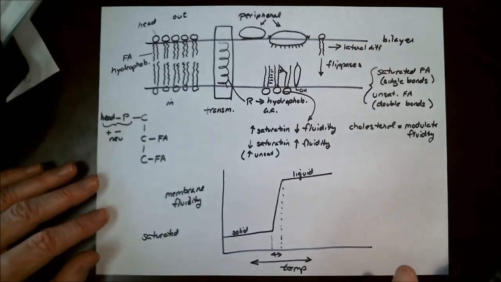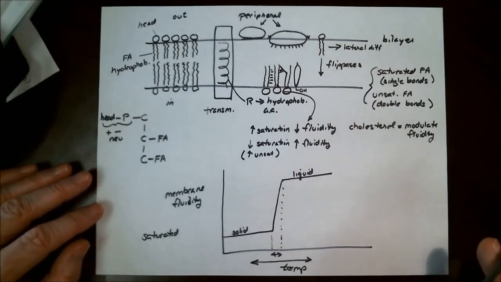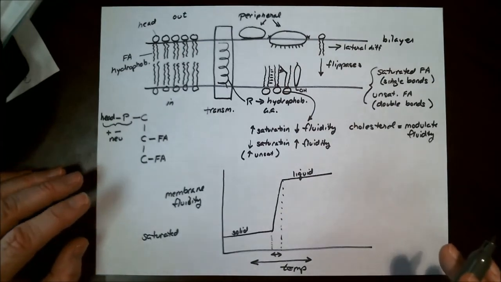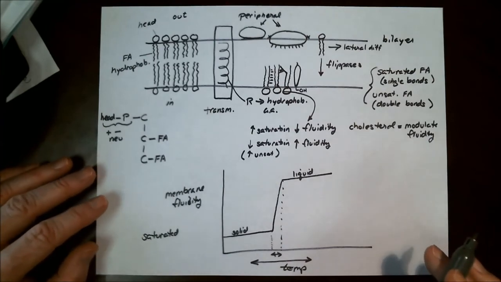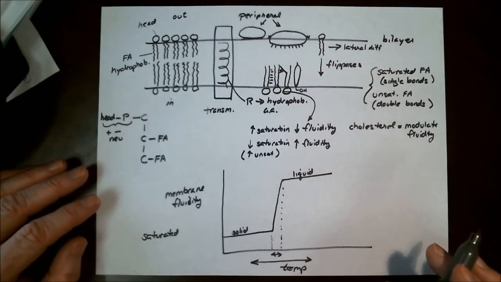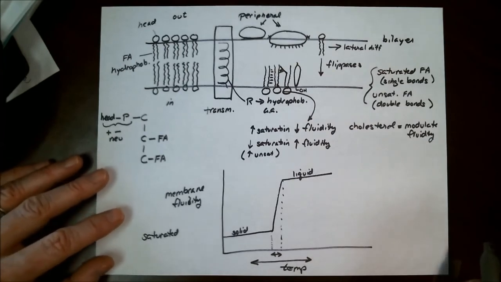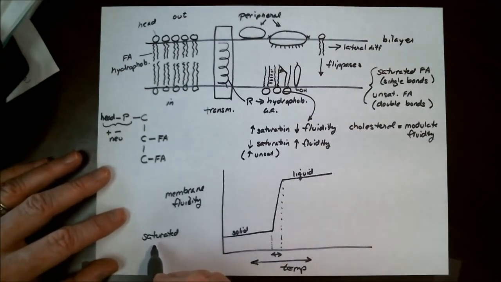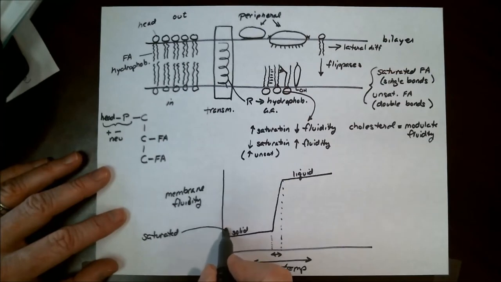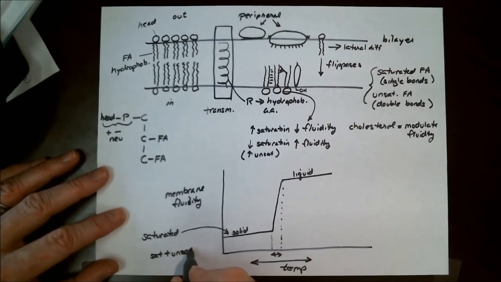So just like in organic chemistry, when we introduce a contaminant of sorts into our pure substance, we increase the temperature range of the phase transition from solid to liquid. So now this is saturated. So now let's do saturated plus unsaturated.